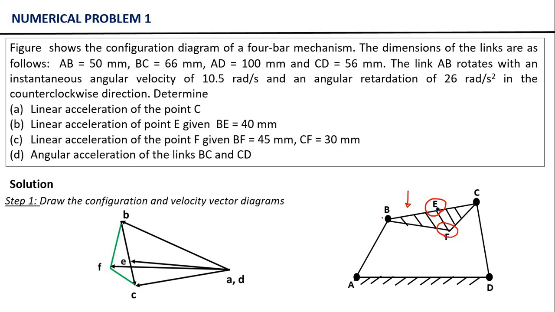Just remember that the Fourbar mechanism shown here is identical to what we considered during the velocity analysis in mechanisms. Now let us directly go to the acceleration analysis part so that we can have a better understanding of the acceleration analysis in mechanisms.